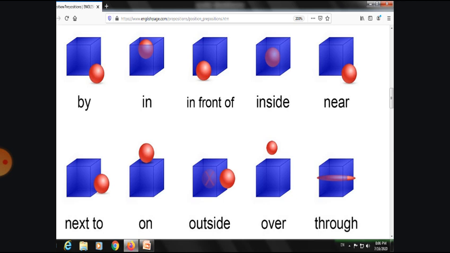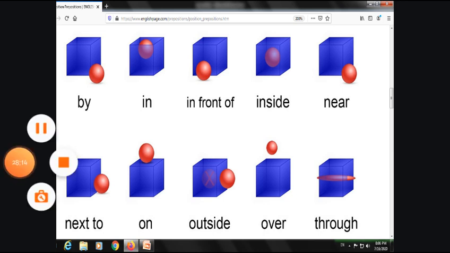And over as a preposition can also be used whenever something is directly upper than other thing. For example, you can say the bridge is over the river.